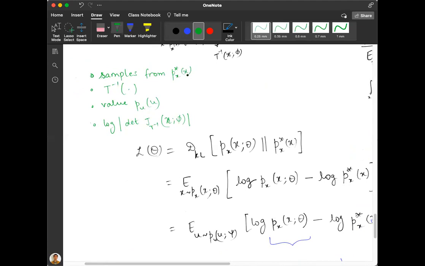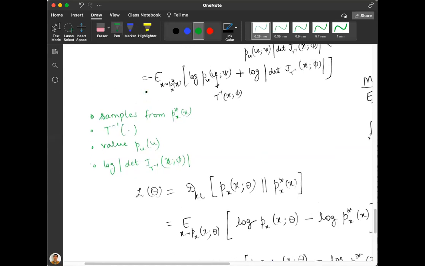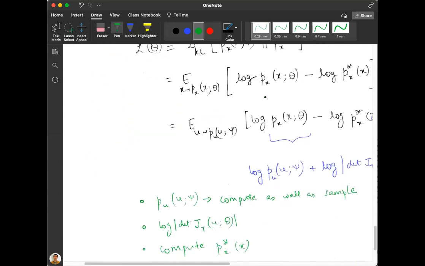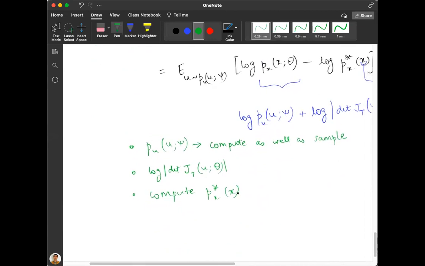For example, let's say you want to learn from images where you don't know the value of P star X, but you only have samples from P star X, then you will use this form. But let's say you are doing some other problem where sampling from P star X is difficult. For example, the Ising model or some models in physics where sampling is very difficult, but computing the value is very easy.